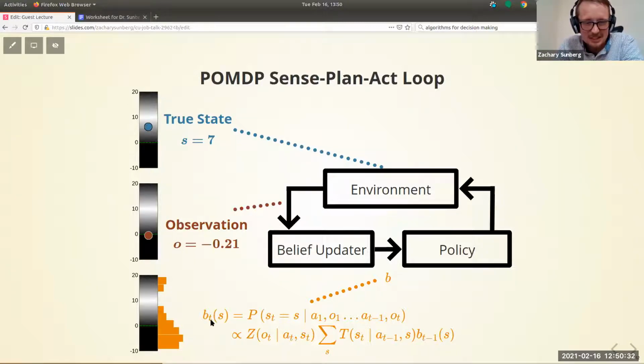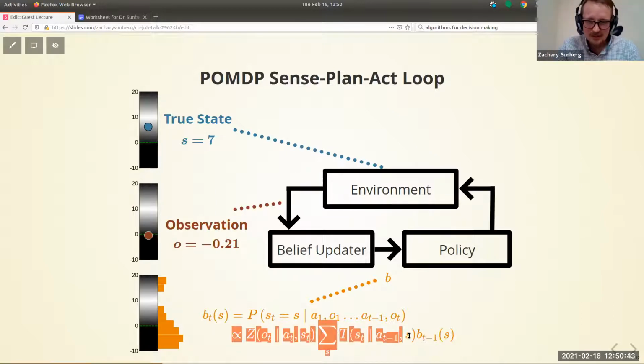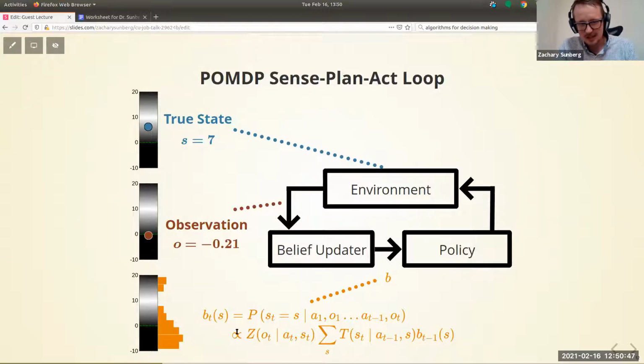So b_t(s) is the probability that s_t equals s, given all the information that we've received. Through Bayes' rule, we can conveniently show that this is proportional to the probability of that observation multiplied by the sum of these transition probabilities times the belief at the previous time step.